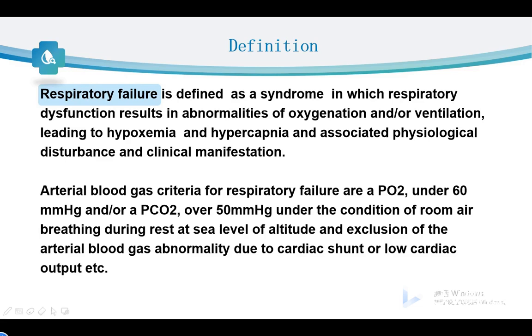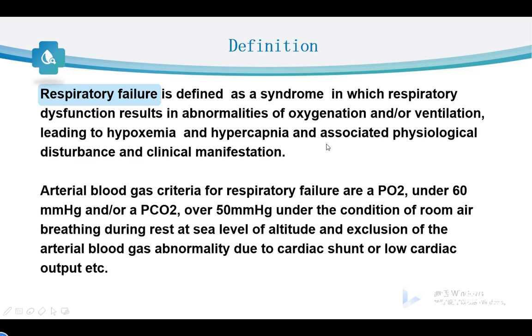The diagnostic criteria for respiratory failure are a partial pressure of oxygen under 60 mmHg, with or without a partial pressure of carbon dioxide over 50 mmHg under some standard condition. So the definition is complicated, right?